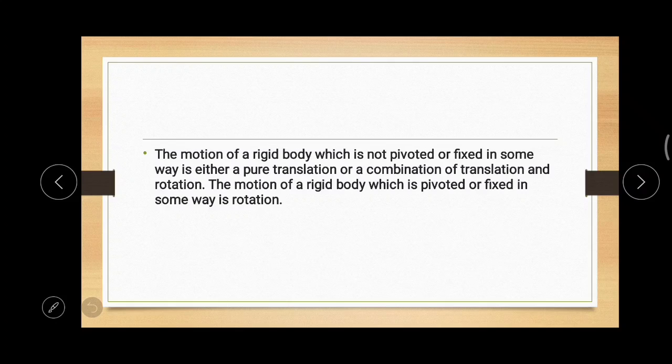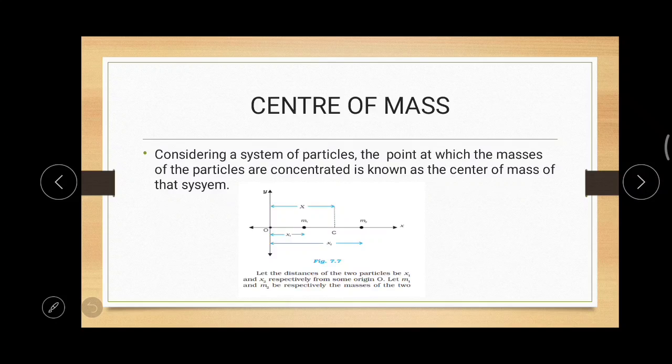And if there is a fixed point, and on the basis of that point the rotation or the movement is taking place, such movements are known as pure rotational motion.